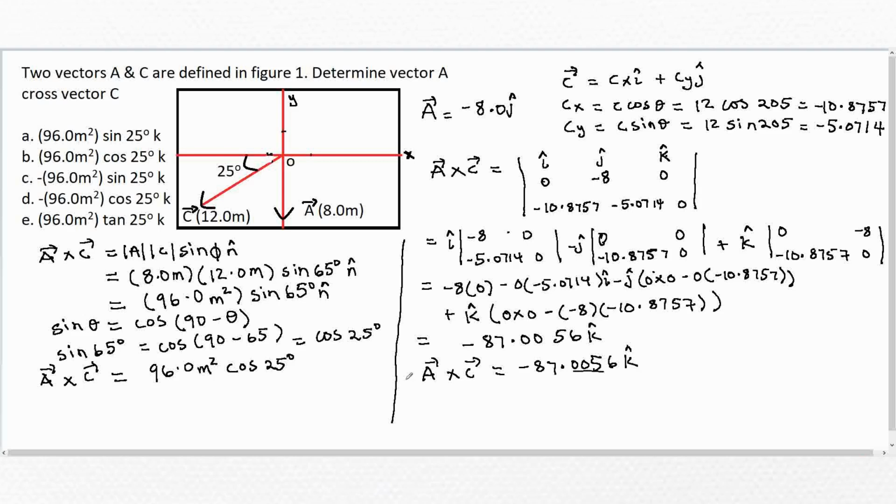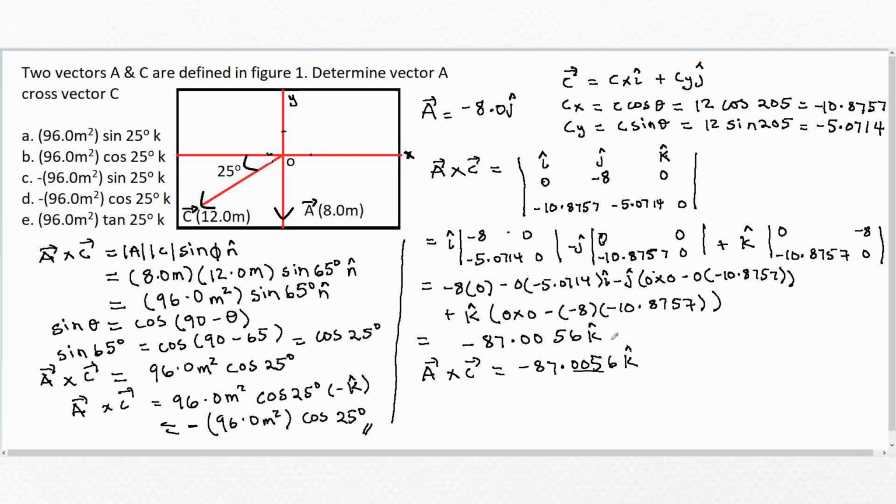So we can come back here and write that the vector A cross C is equal to 96.0 meters squared cosine of 25 degrees, with the direction negative k hat. So this will give us negative 96.0 meters squared cosine of 25 degrees. So this is the correct answer.